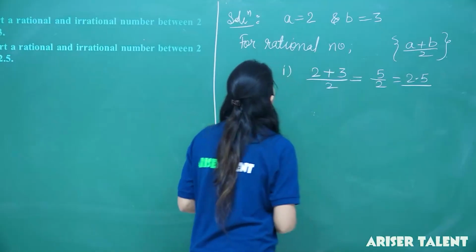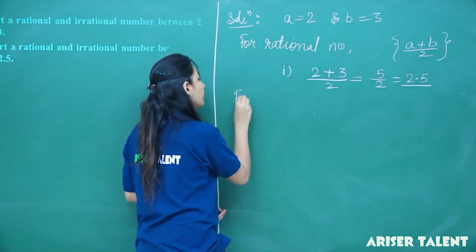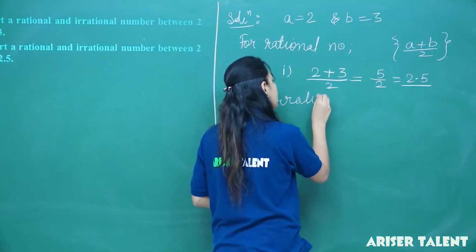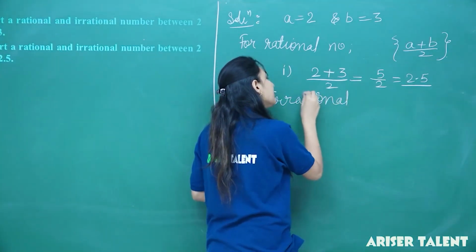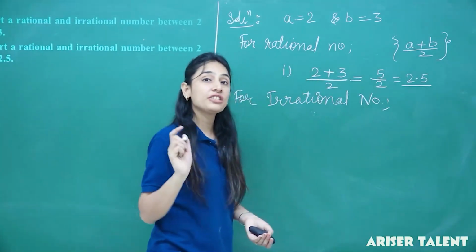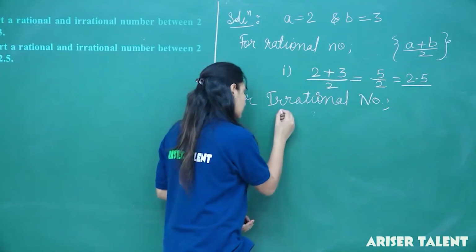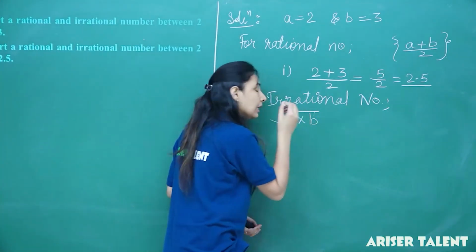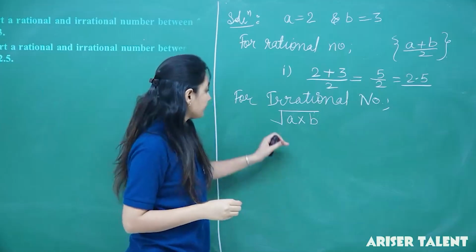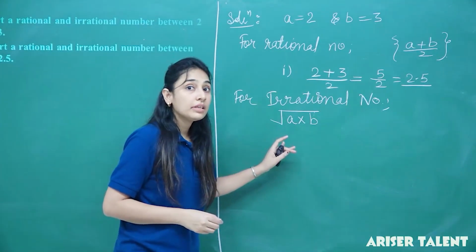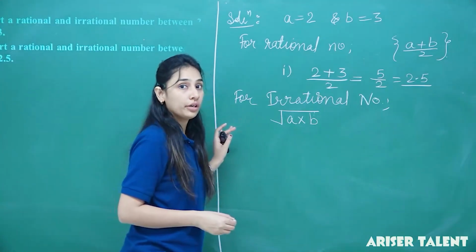Now, we have to put an irrational number also here. So, for an irrational number, what's your formula? Remember this, you have studied it in class 9th. Root of a times b is the irrational number we are looking for.